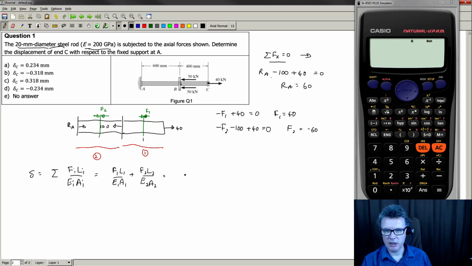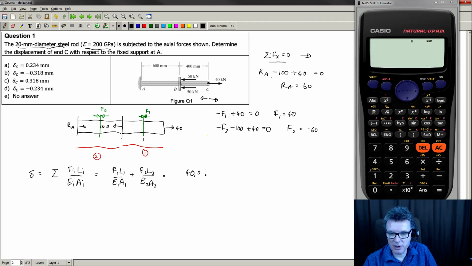My first internal force will be the F1 force, so that'll be my 40. You want to keep your signs, and that will tell you which way you're going. If I've been consistent with my signs and my directions and I end up with a negative, I'm going off in this direction. If I end up with a positive, I'm going off in this direction.